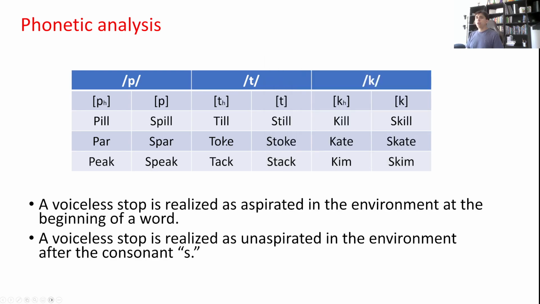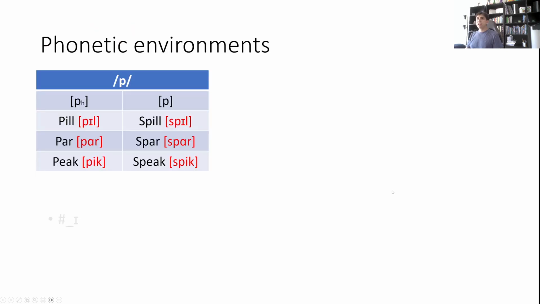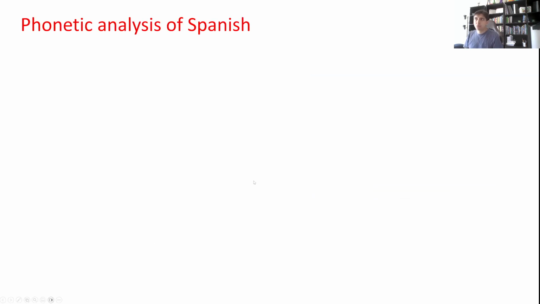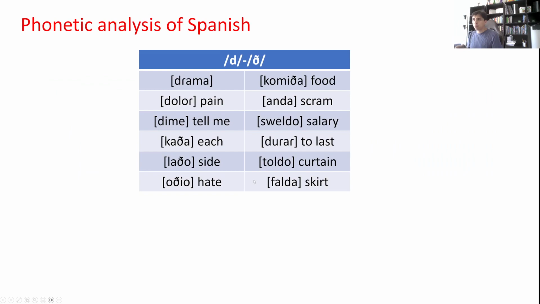So with this analysis that I did here with these phonetic environments, I can do the phonetic analysis if I give you a different language, for example, Spanish, and I give you this set of words.